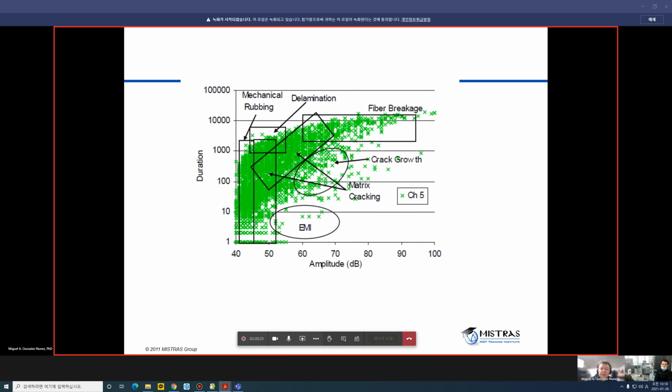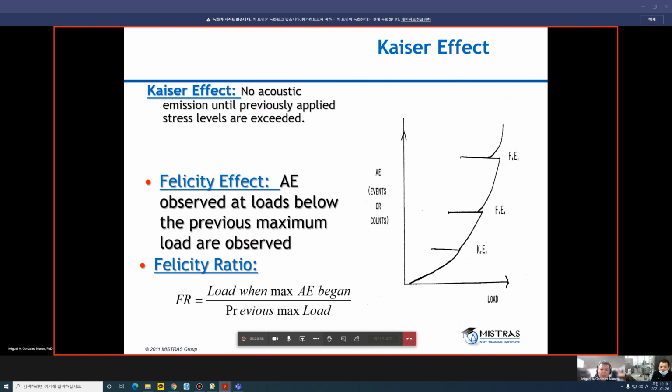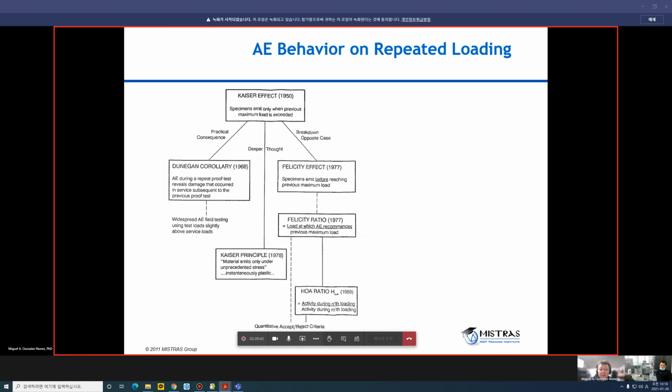We already saw this diagram where we can characterize properly our signals. We can relate them to different phenomena in our process. We saw the Kaiser effect, the Felicity effect, the Felicity ratio, the acoustic emission behavior on heat loadings.